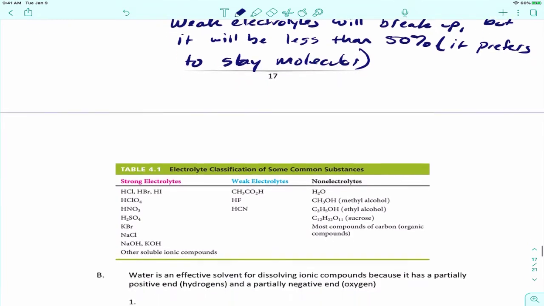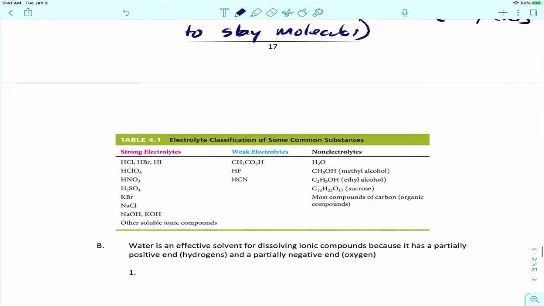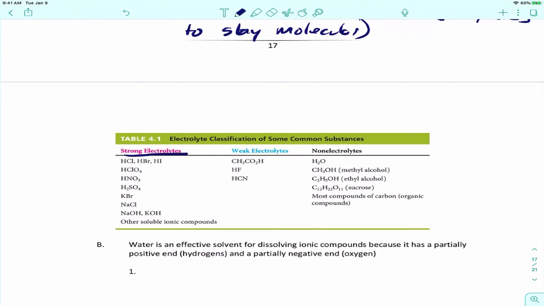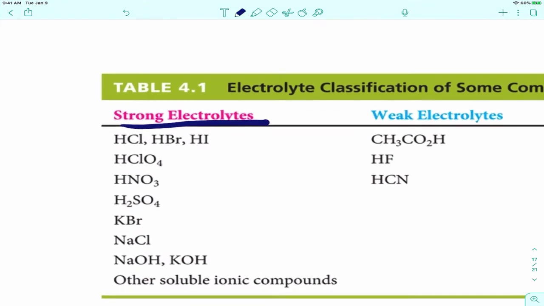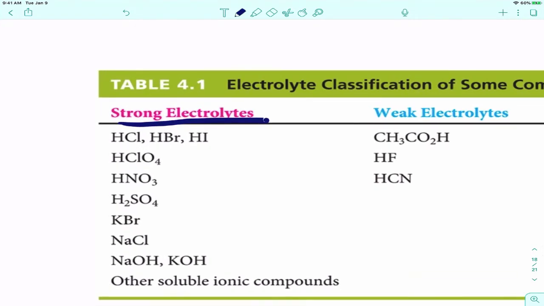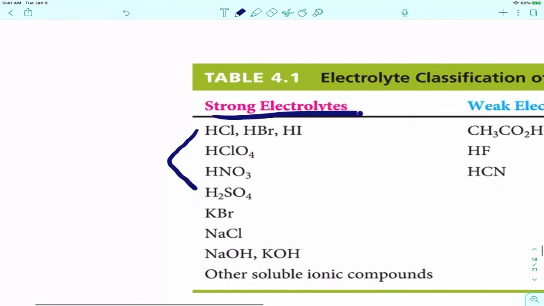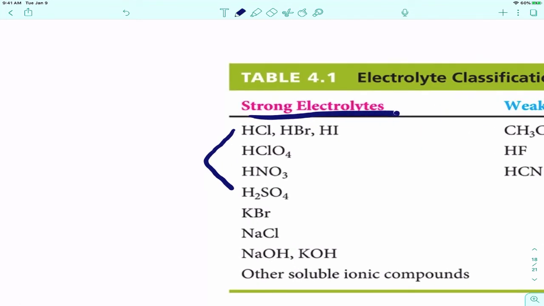Now, are there patterns to this? Absolutely. Strong electrolytes tend to be, if we look at the list of strong electrolytes, you got HCl, HBr, HI, HClO4, HNO3, H2SO4. All of these we can lump into one category. These are all strong acids.